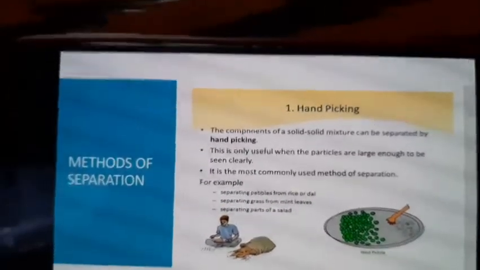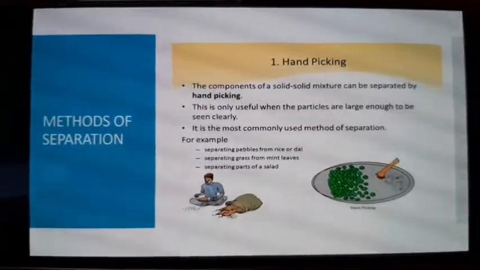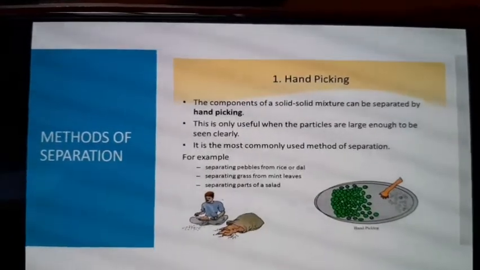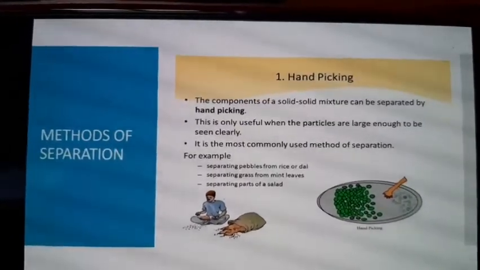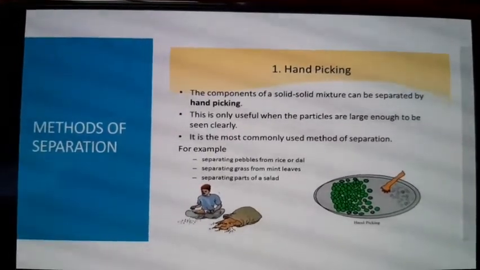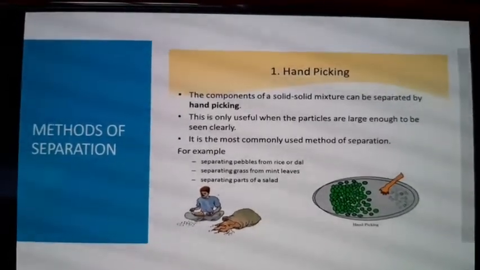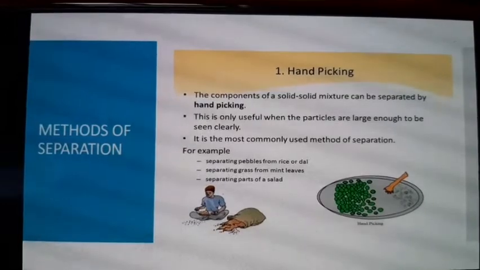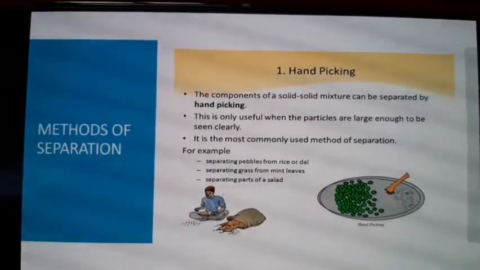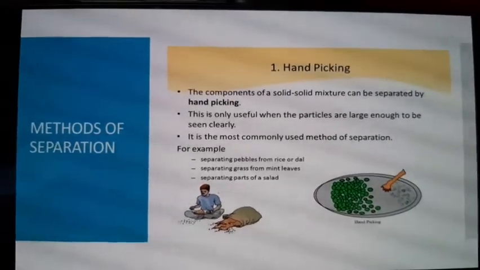In both of these situations, we use the method of handpicking. So the components of a solid-solid mixture can be separated by handpicking. This is only useful when the particles are large enough to be seen clearly, and handpicking is the most common method used for the separation of substances, right?